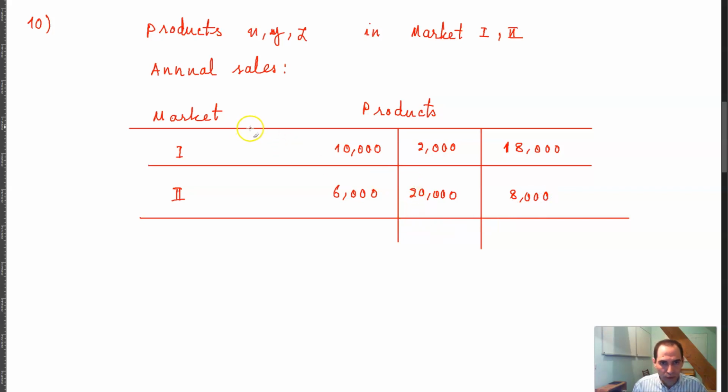Which means that for market 1 the annual sales has been... I don't know if this is the number of sales that they have made or what that is. We will find out.